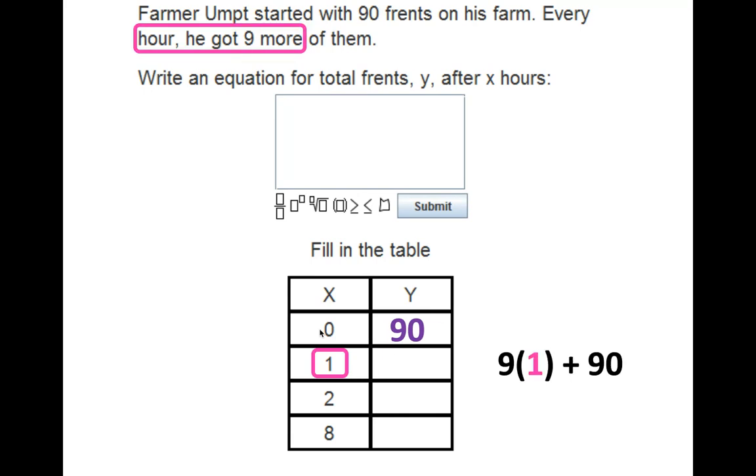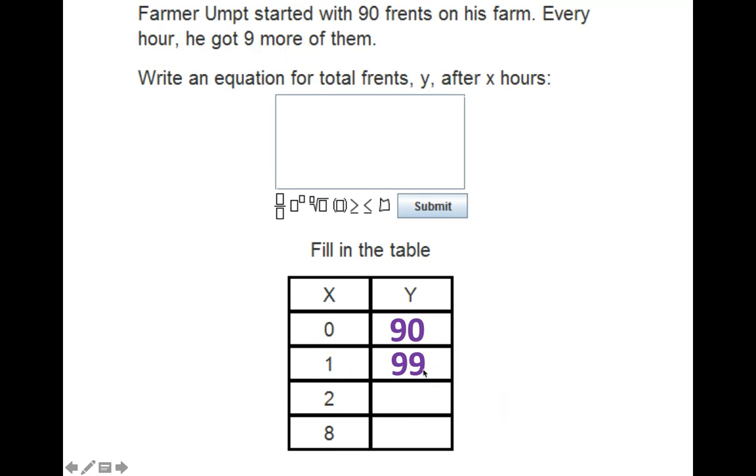Oh, we don't have a rule, but technically we do because we know every hour he got 9 more. So we know the hours is multiplied by 9. And then we started with 90, so then we add 90. So 9 times 1 is 9, plus 90 is 99. And you can see here from 0 to 1, as we went up by 1, we went up by 9 here. Every hour got 9 more.